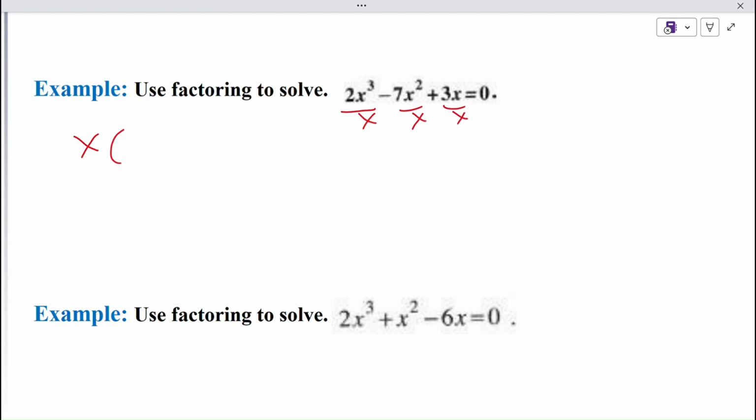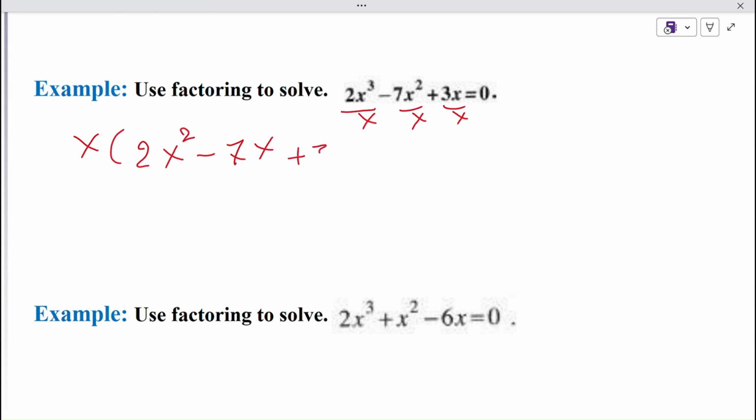2x to power 3 divided by x is equal to 2x to power 2. Then minus 7x to power 2 divided by x to power 1, the x's cancel, just we have minus 7x.